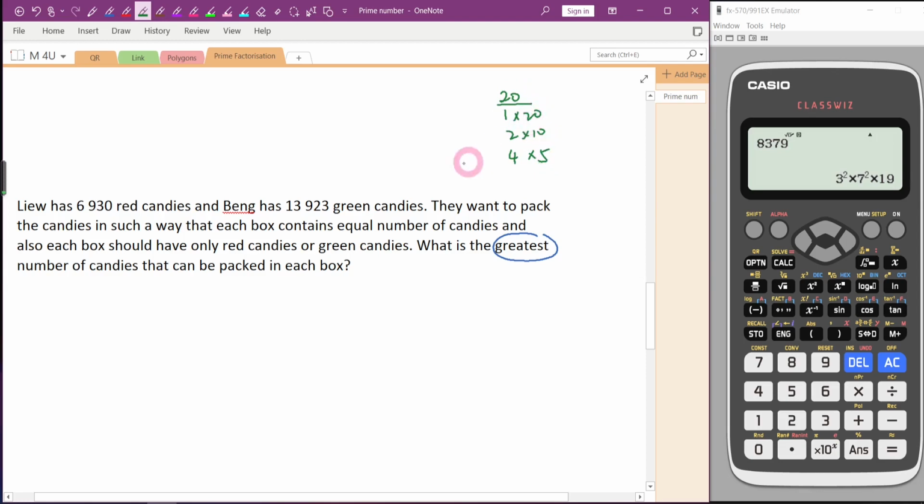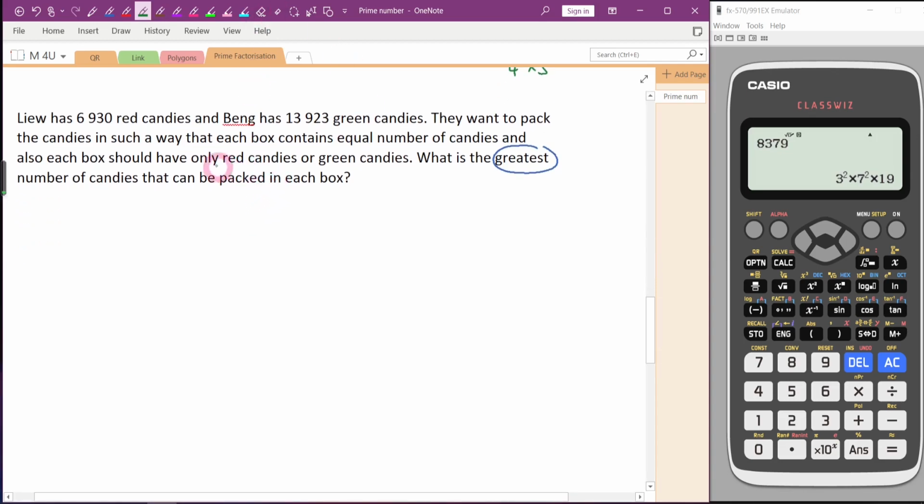So whenever you have a word problem and you don't know whether to use HCF or LCM, try to ask yourself, do we have a great number of things and want to separate them into smaller groups? If that's the case, normally we will use the highest common factor.